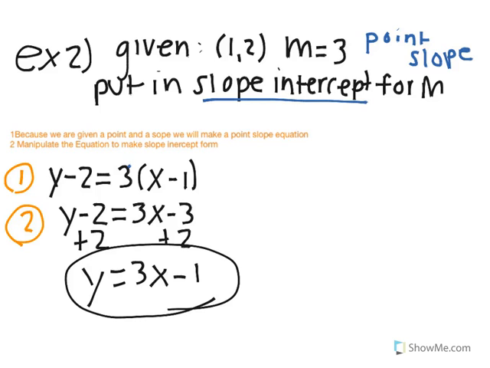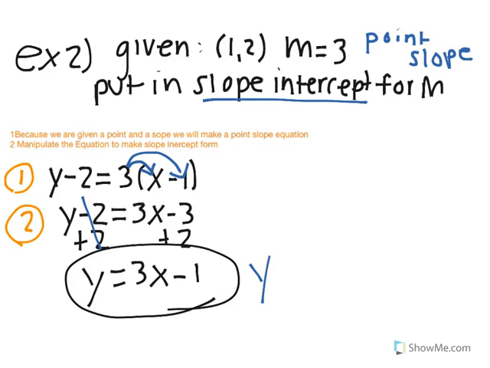So first I distributed the 3 to the x and the negative 1, because there is no parentheses in slope-intercept form, and I need to get it distributed out. So I want the y all by itself, so I take this 2 and add it to both sides, which eliminates it here, and adds it to this side.